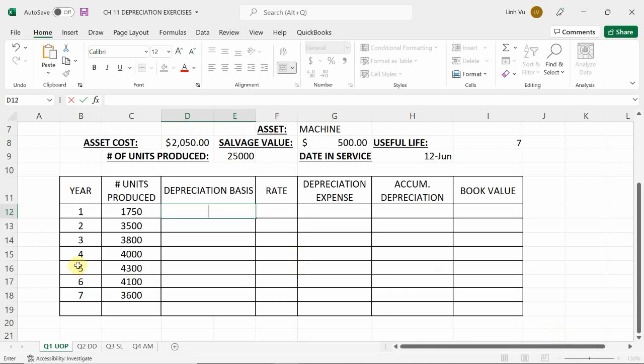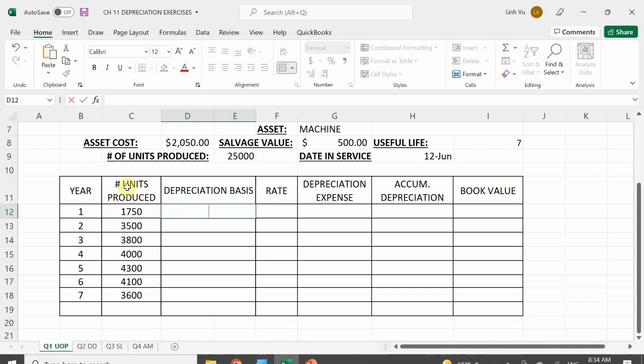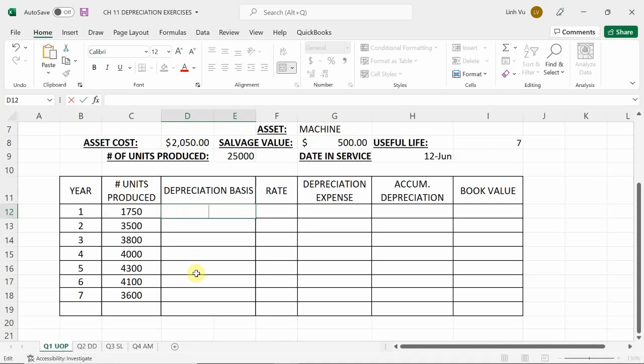It's going to be the cost of the asset minus salvage value. So what is the asset cost? Cost of asset minus salvage.